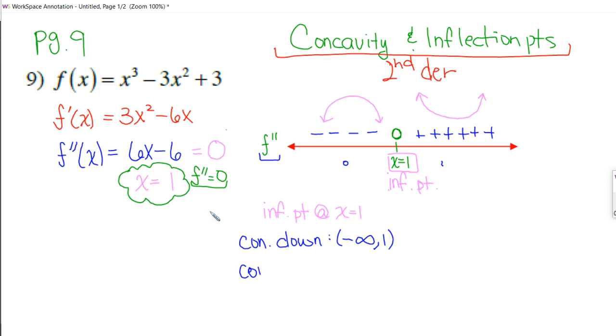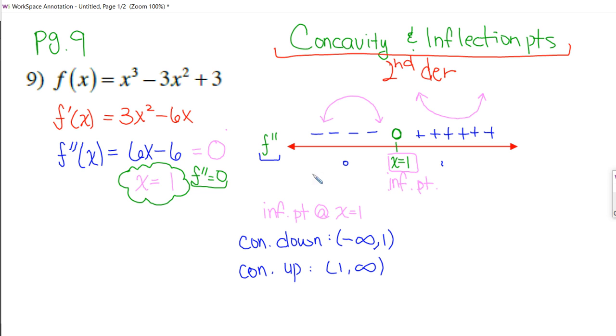It's concave up from 1 to positive infinity. Now remember, concavity is not a certain point. Concavity is like a shape. So you've got to tell them from where to where you have this shape, and from where to where else you would have another shape.